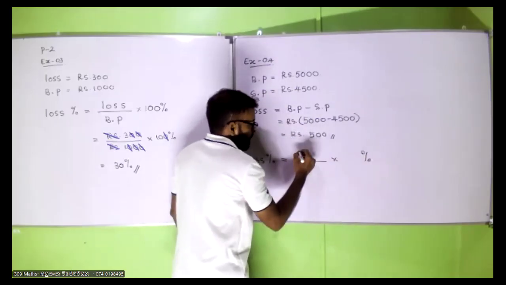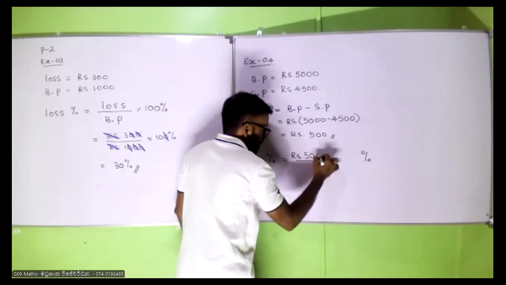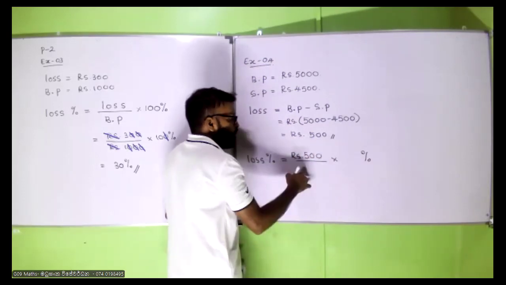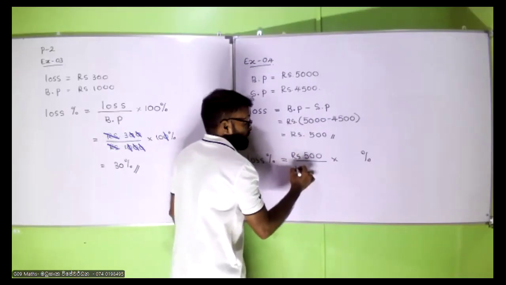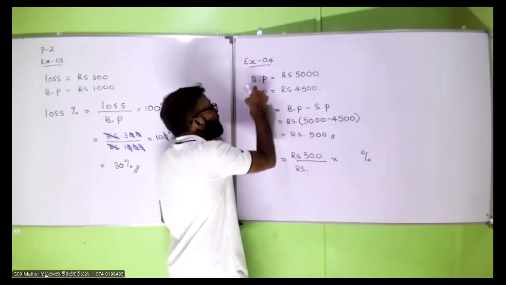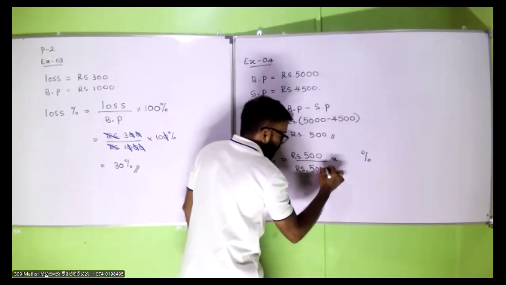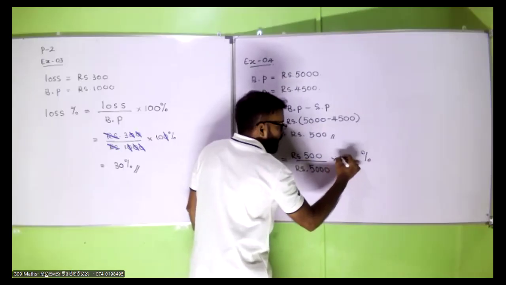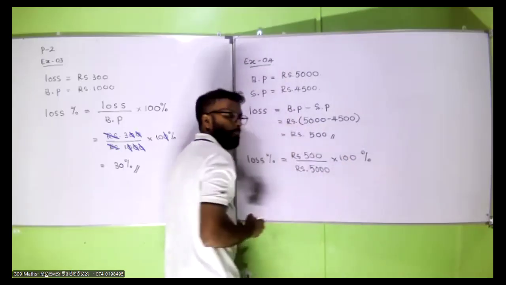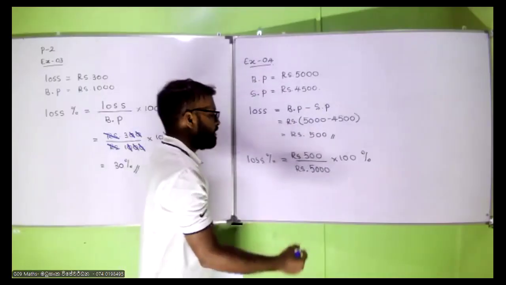What is the loss? 500. The denominator should be the buying price, 5,000 rupees. Multiply by 100%. Now simplify the numerator and denominator.